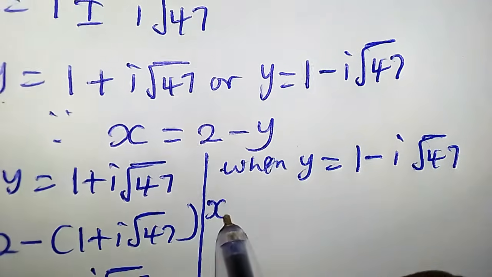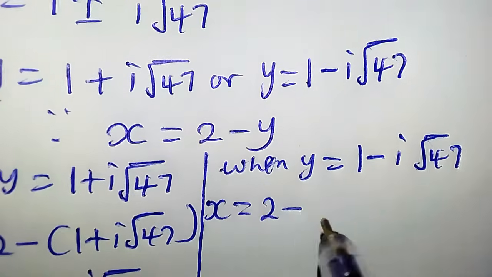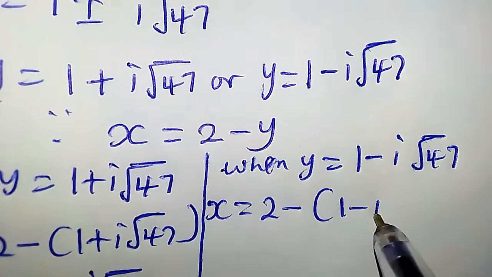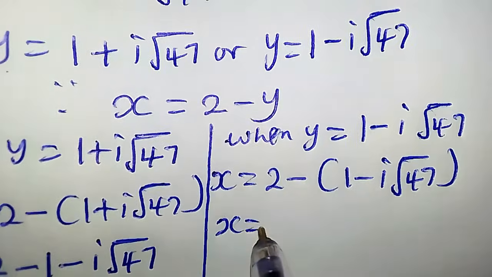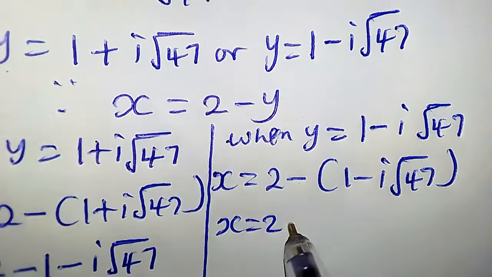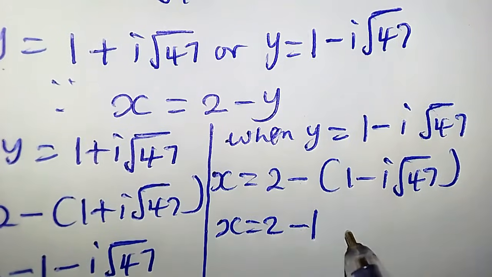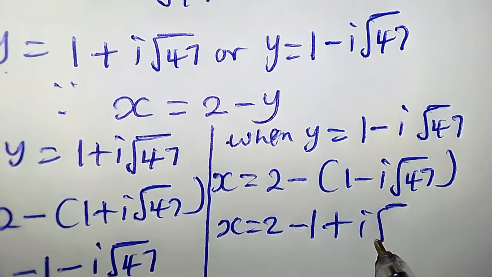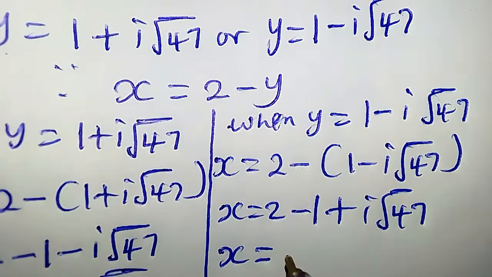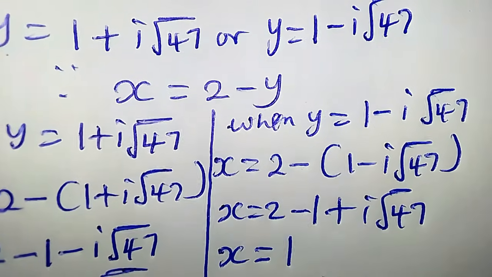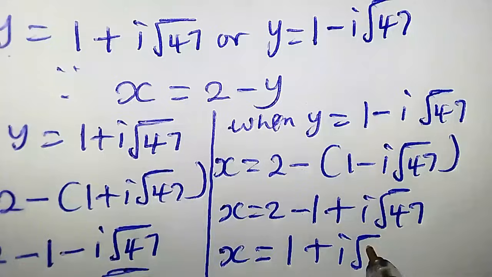So we have x equal to 2 minus 1 minus i times square root of 47. x equal to 2 minus times 1, that is minus 1, minus times minus, that is plus i times square root of 47. So x is equal to 2 minus 1, that is 1, plus i times square root of 47.